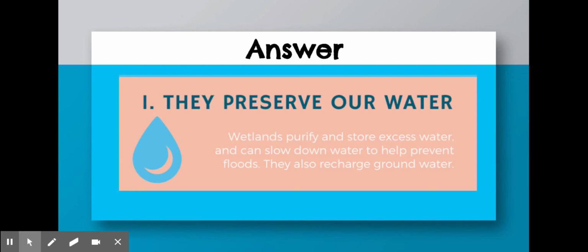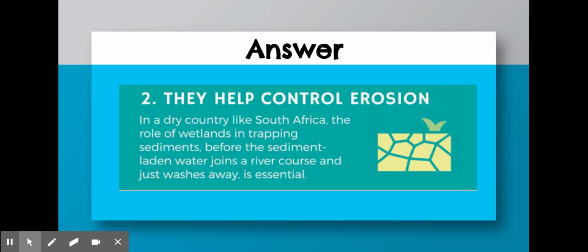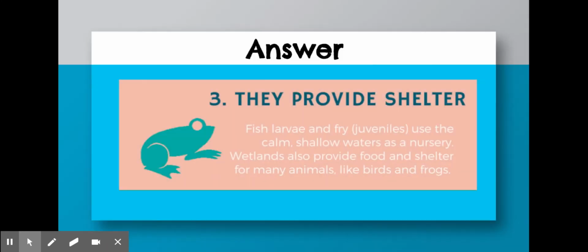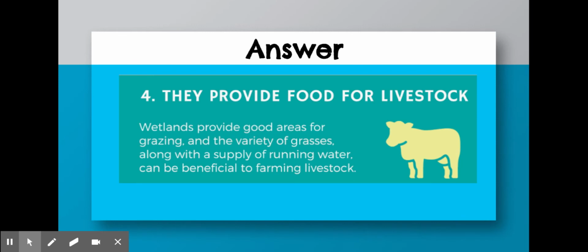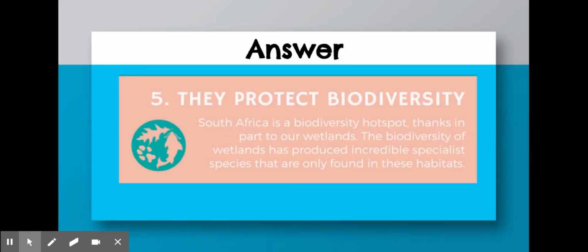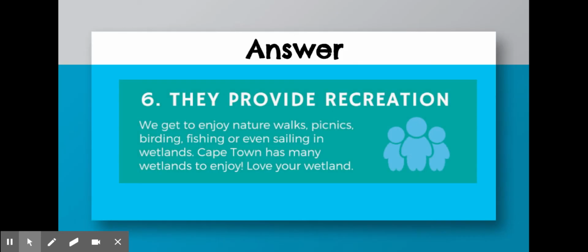They provide habitat for animals and plants, and many contain a wide diversity of life, supporting plants and animals that are found nowhere else. So, wetlands preserve our water, control erosion, provide shelter to many animals, provide food for livestock, protect the biodiversity, and provide recreation.